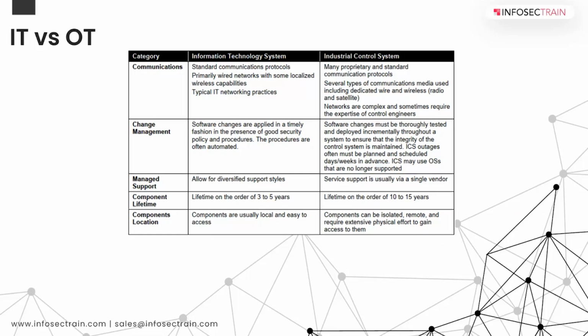And if I want to summarize the cybersecurity, especially IT versus OT, the operational risk difference between ICS and OT systems creates the need for increased sophistication in applying cybersecurity to operational systems.